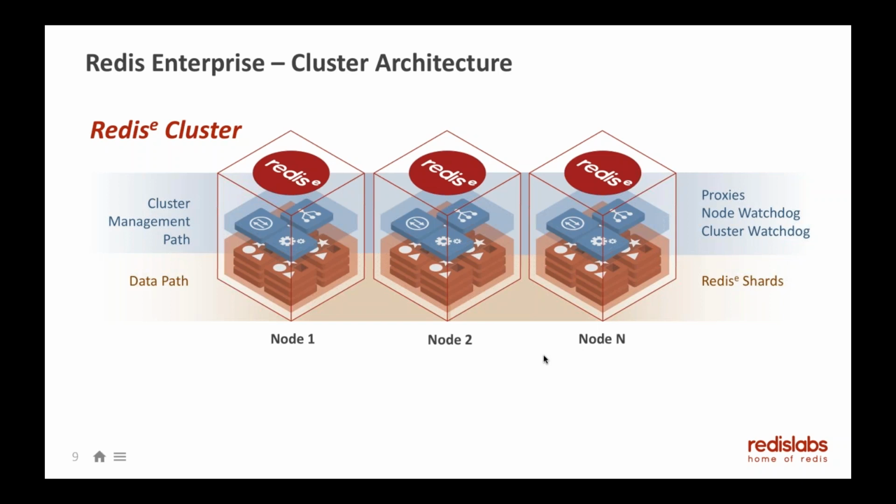At the data path, we have Redis shards that power these databases that you create in our platform. And it's important to mention that Redis Enterprise is built as a multi-tenant environment, so you can create hundreds of databases in a given cluster.